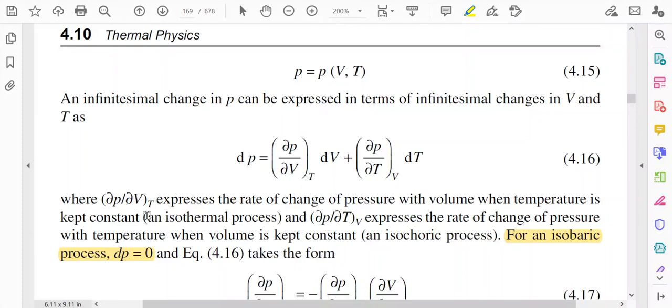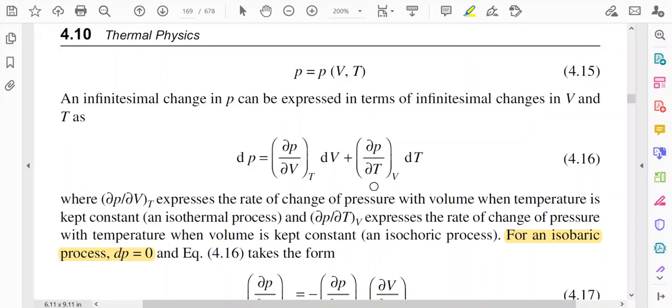So it expresses the rate of change of pressure with volume when temperature is kept constant, and it is basically an isothermal process. As the temperature is constant, this process is an isothermal process.